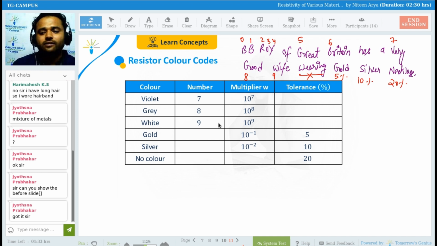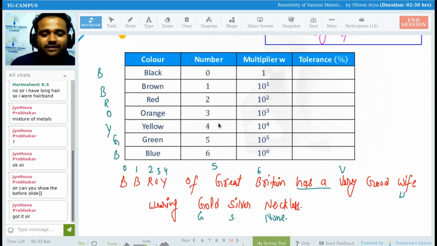Okay. So in this way, you need to remember this, or you need to understand this. Clear? Just this single sentence is going to help you a lot, because then you don't need to learn which particular color stands for which particular number.